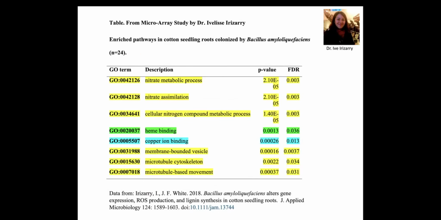Okay, and we've done other experiments. One of my students did an experiment where she looked at cotton, and with a particular microbe, a particular bacillus, she then measured the physiological processes happening in the plant.